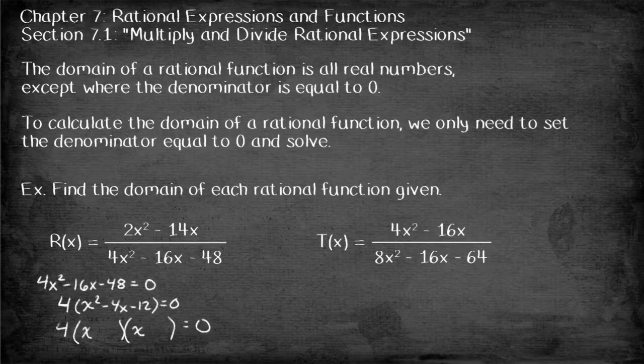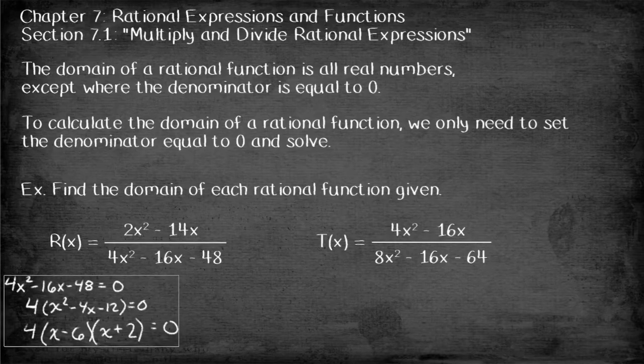If the signs are different, that means that the difference of the two numbers that I pick has to be 4 in absolute value. So I know that 6 minus 2 is 4. So 6 and 2 will work. And then the minus sign goes on the larger absolute value.